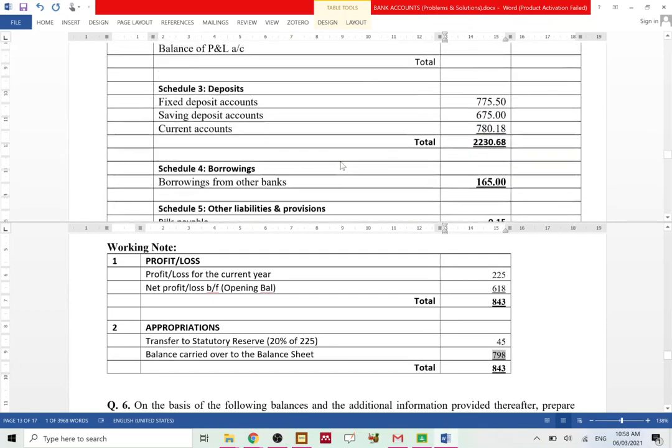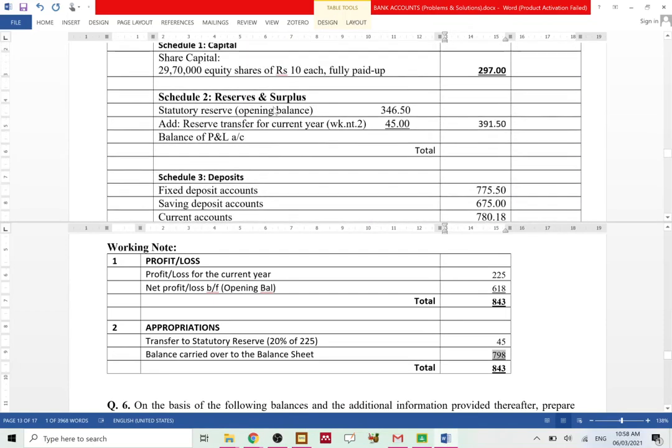So where will it come in the balance sheet? Again, reserves and surplus, balance of profit and loss account. Amount is 798. I'll write the decimals just to make it more clearer. 798 plus 391.5. The total of your reserves and surpluses is 1189.50. That's how you get the reserves and surplus balance.